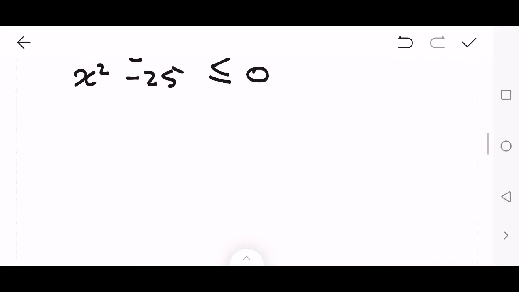So what we have now looks familiar. In fact, this is a difference of 2 perfect squares. So now we only need to factorize.